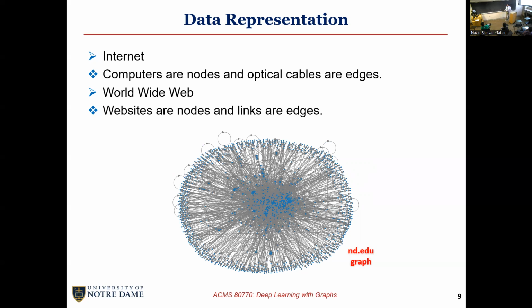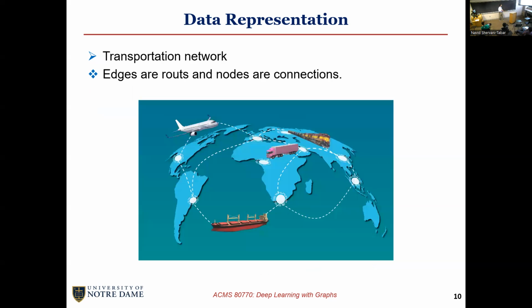The cable that connects this computer to wherever the other website is physically stored is the edge, and that other computer is another node. When you talk about the World Wide Web, you're talking about each website as a node, and the hyperlink that you click, which takes you to another page, is your edge, and that other page is another node on that graph.